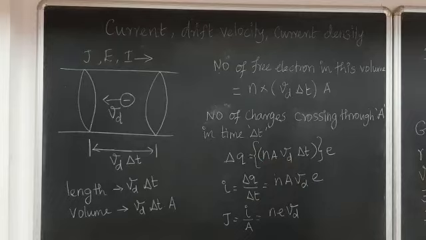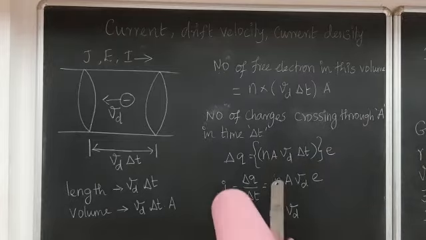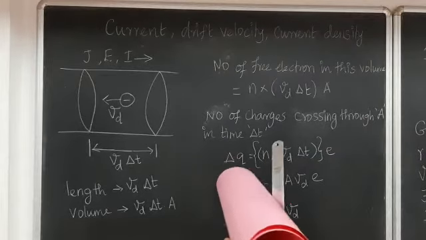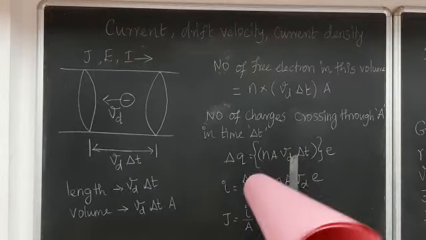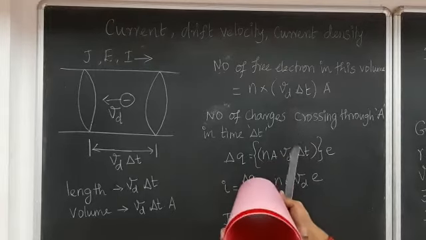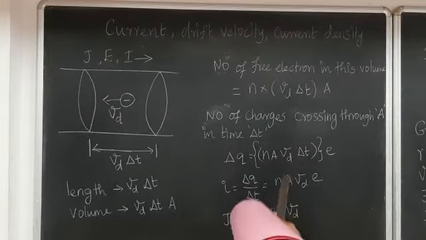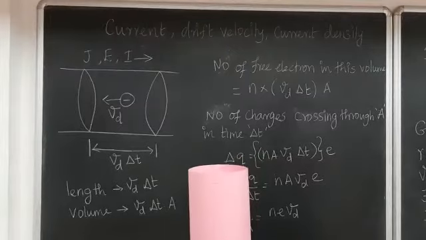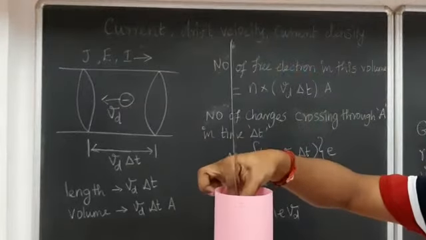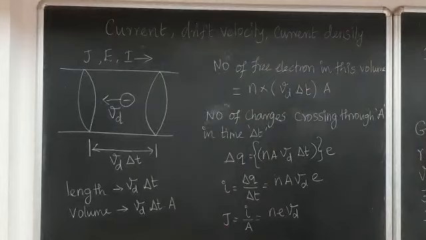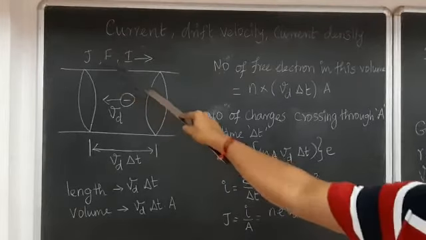Now the current density is defined over the area through which the charges flow, perpendicular to that surface. So the current density is the current passing per unit area, which lies in the same direction.